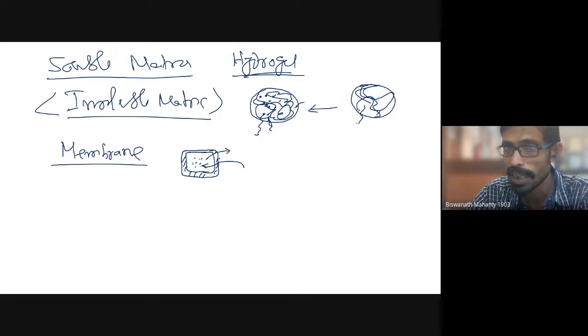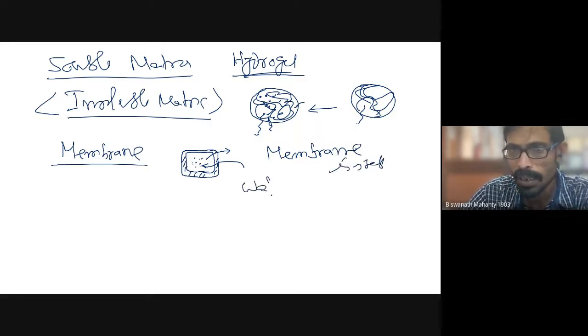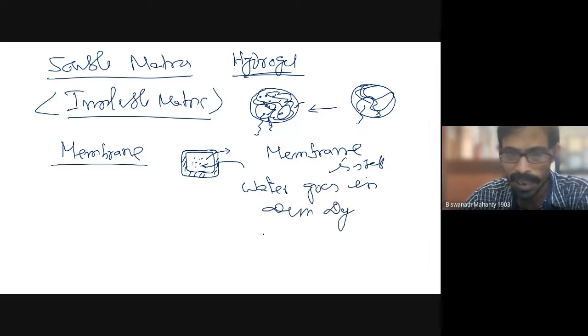Please remember, nothing is broken. So here the membrane is stable. Please listen to these aspects. Membrane is stable, water goes in, the drug is dissolved, and the dissolved drug or drug in solution is diffusing out.